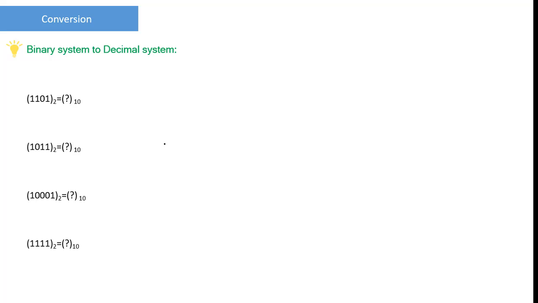Now coming on to the conversions, the first conversion that we have is converting the binary system into the decimal system. Okay. So let's take the first example, 1101. So here we write 1101. So the value of this 1 is 1 times 2 to the power 0, which is 1.